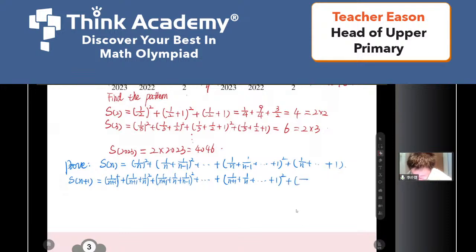Let us find the difference of two adjacent sums.